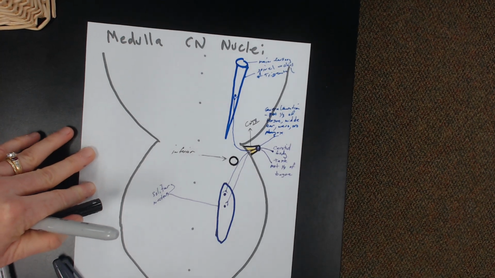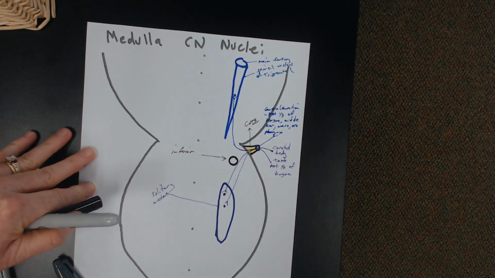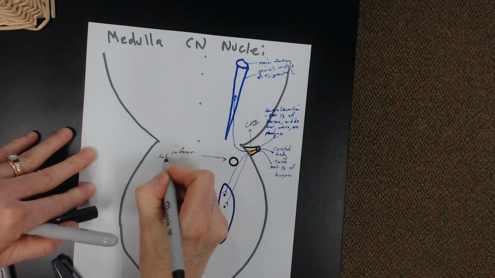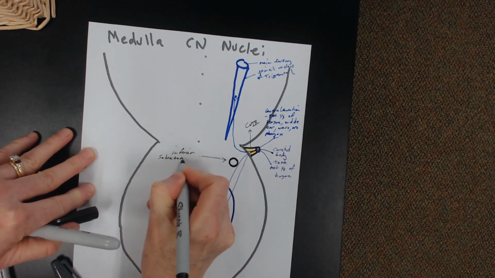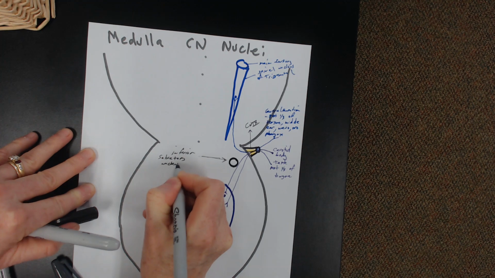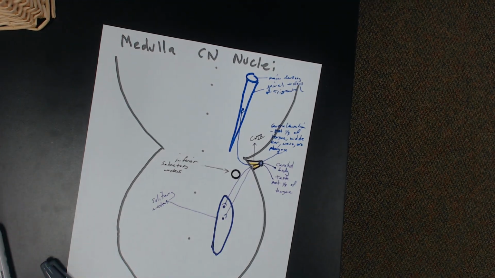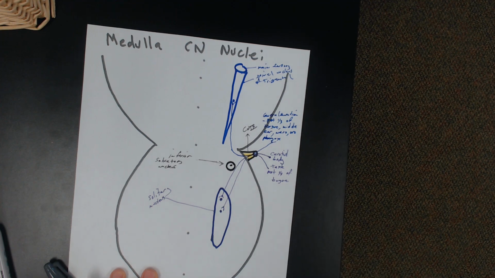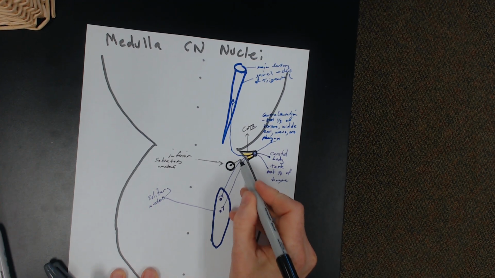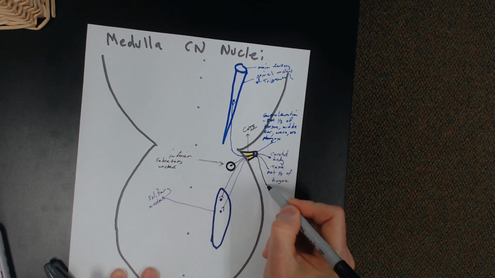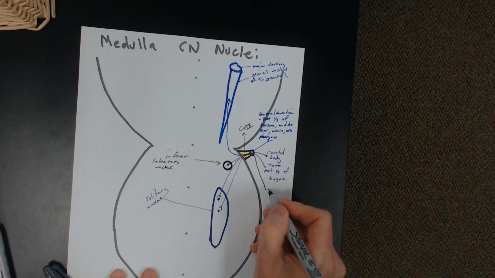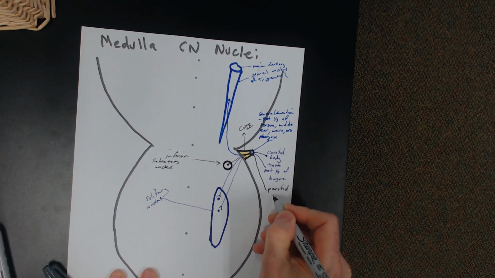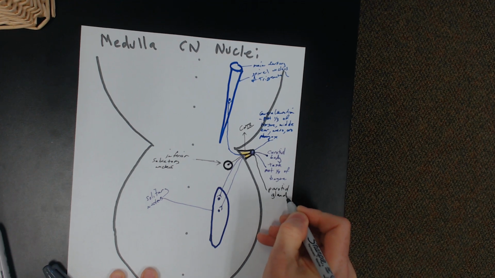Hopefully now you can see why I have you do the cranial nerve function review before we do this. Inferior salivatory nucleus. Okay, so this neuronal cell body here sends out an axon that travels through cranial nerve number 9 and is responsible for innervation of the parotid gland.